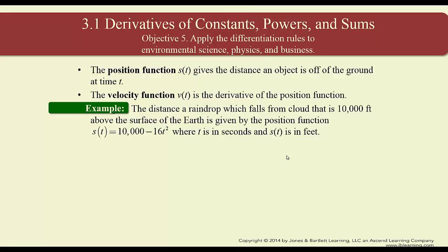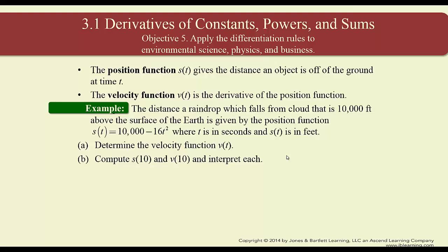And t is measured in seconds, and S of t is measured in feet. Part A, determine the velocity function. That should be pretty straightforward. That's just the derivative of the position function. And then part B, compute S of 10 and V of 10 and interpret each. So if you need to write anything down, pause the video and write it down, because I'm heading off to the chalkboard to work out the solution here.